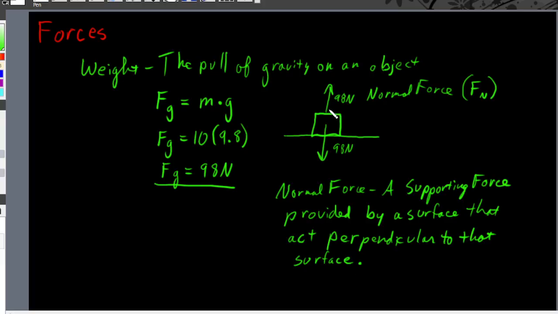In this case, we've got our force that's being provided by the table or the floor, whatever that happens to be that this box is sitting on. And you'll notice that this is perpendicular to, or 90 degrees to, that surface. So whatever surface is providing that support force, it will be perpendicular to the surface.